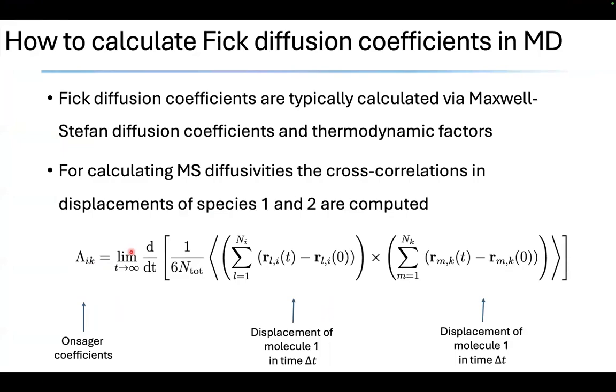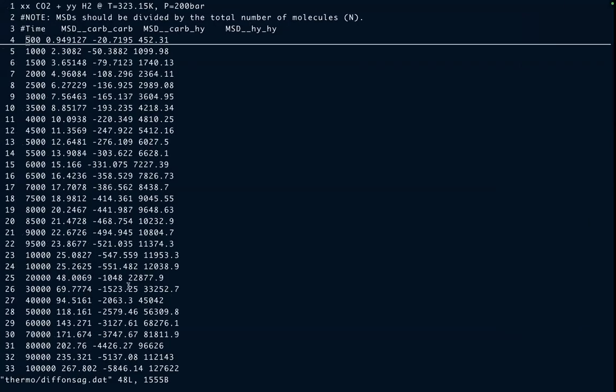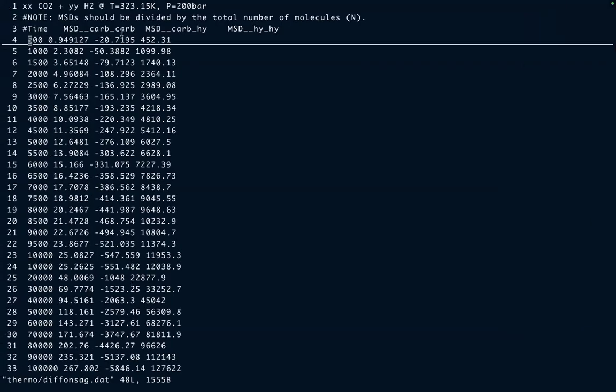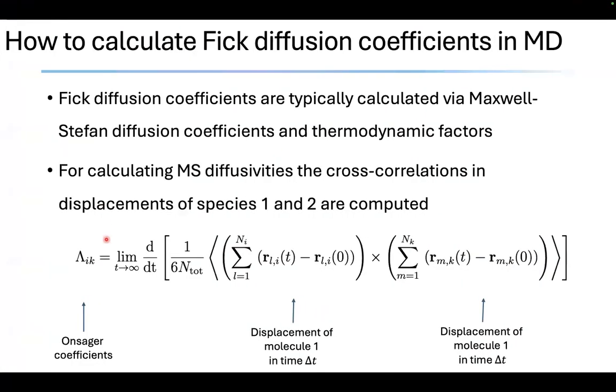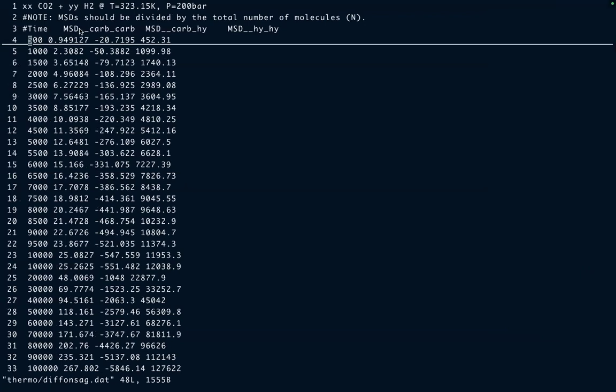Once you know the Onsager coefficients, the way to extract them is to plot the first column with respect to the 0th column, and identify the region where the slope is 1 in a log-log scale.